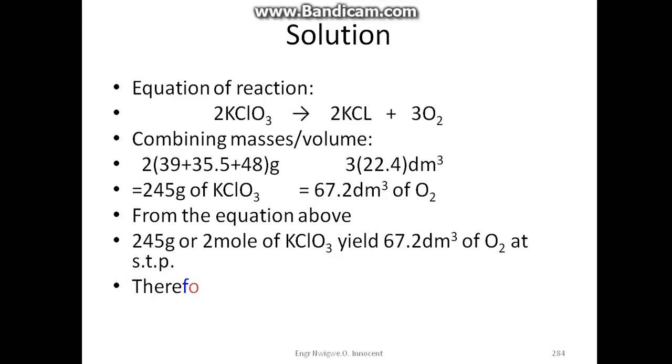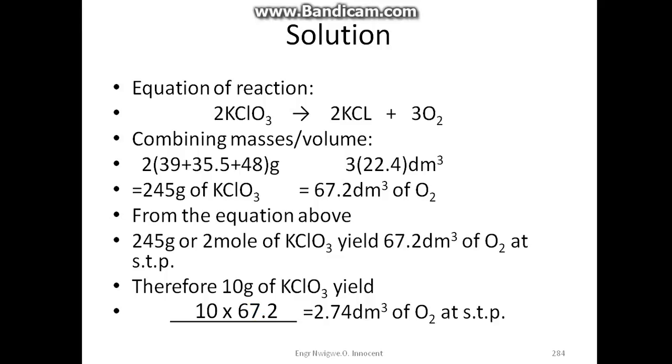Therefore, 10 grams of potassium tetraoxochlorate(V) yield 10 times 67.2 divided by 245, which will now give us 2.74 dm cube of oxygen at STP.